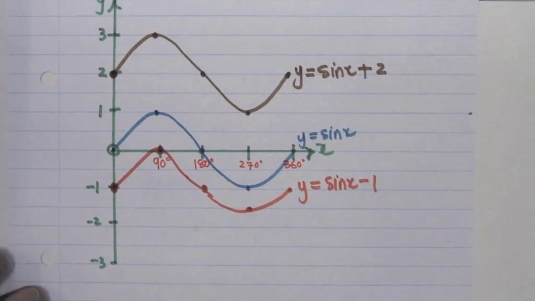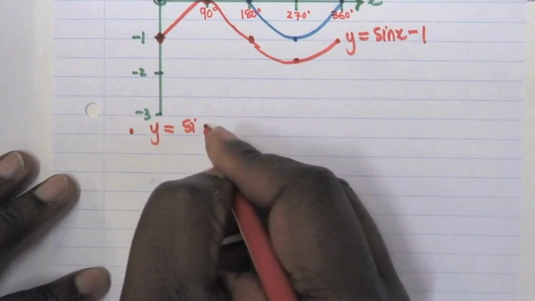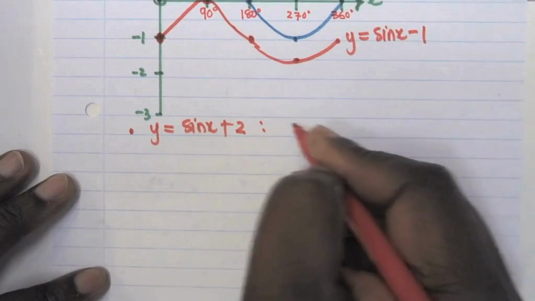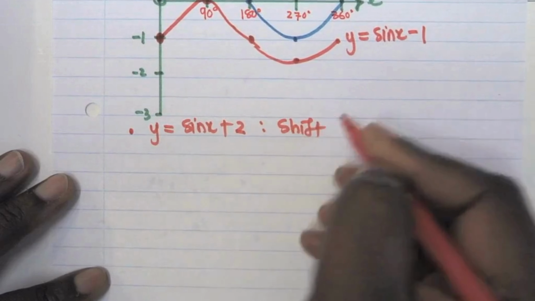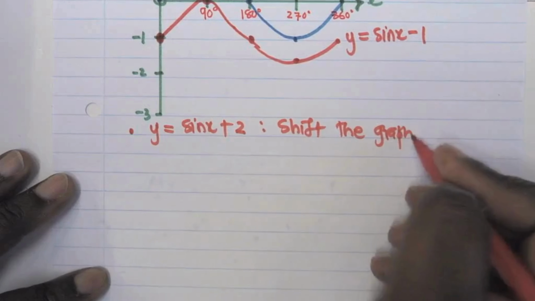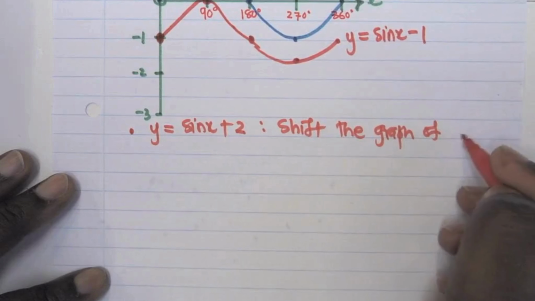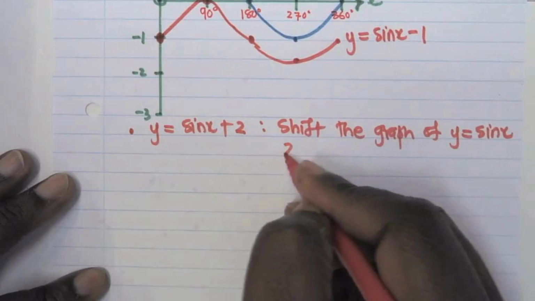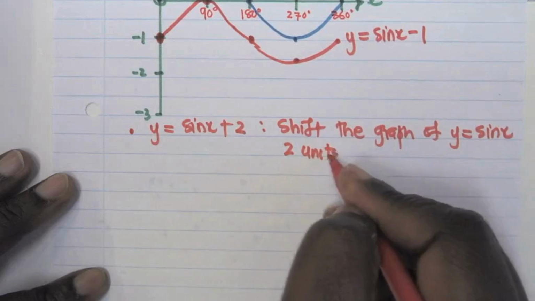So let me write my conclusions here. Y is equal to sin x plus 2, shift the graph of y is equal to sin x 2 units up.